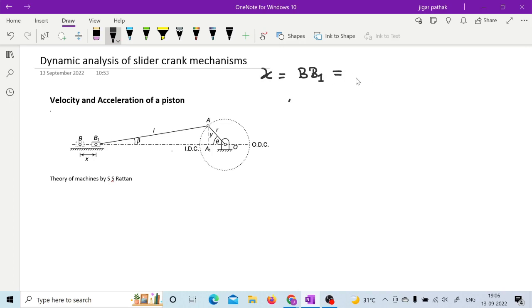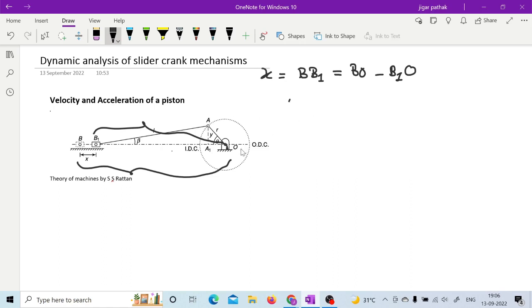If you see the figure clearly, this BB1 can be given by BO minus B1O, right? So this is how you can have an idea about the distance traveled by the piston, BB1.